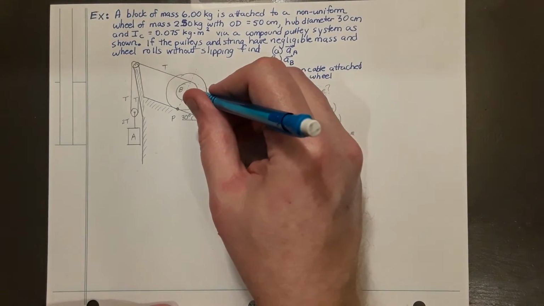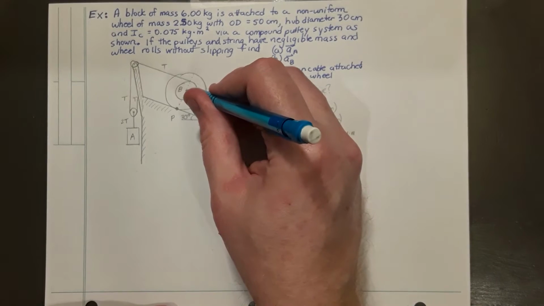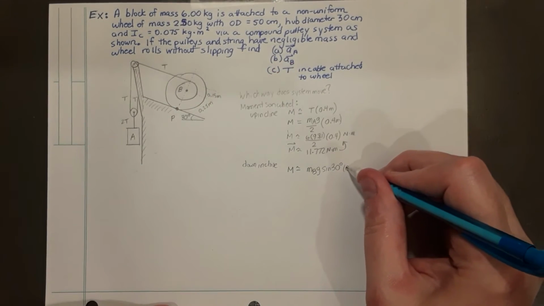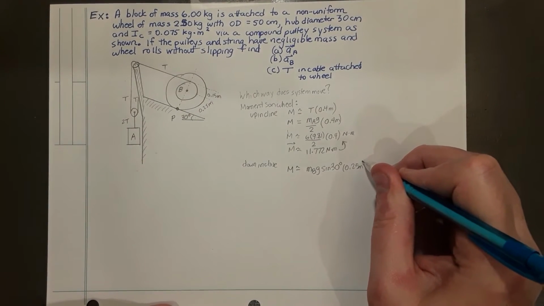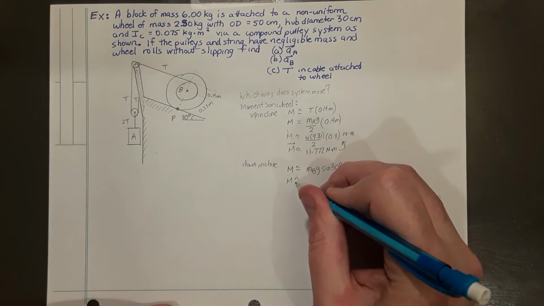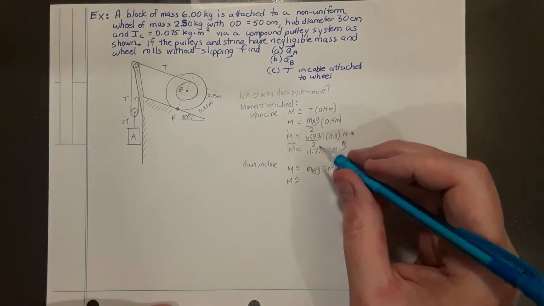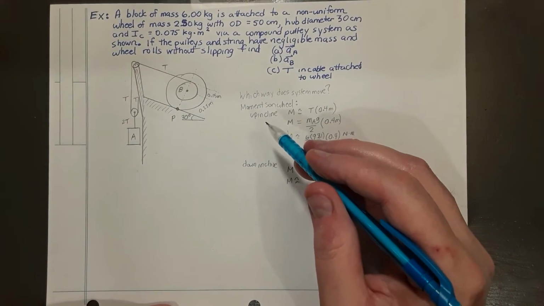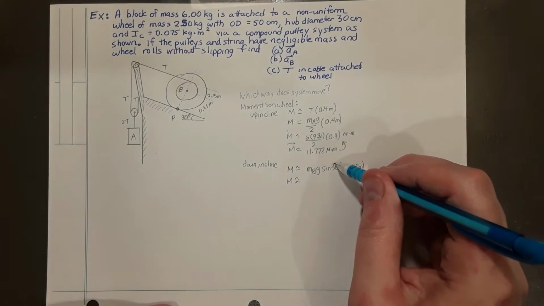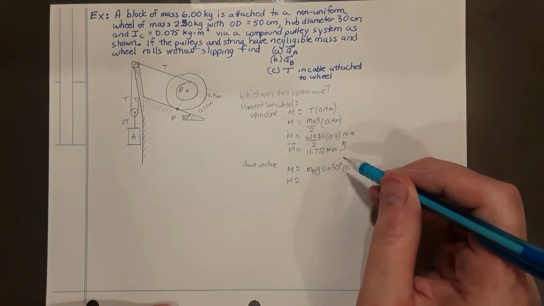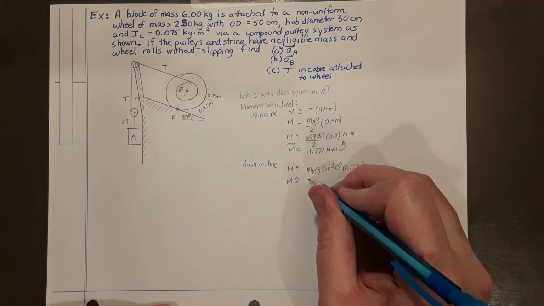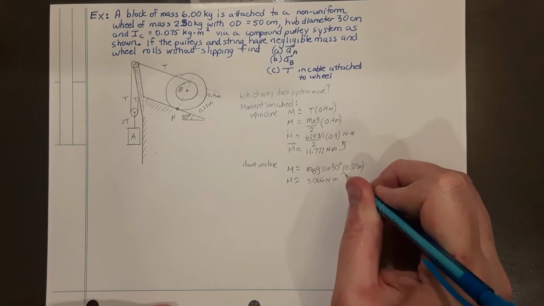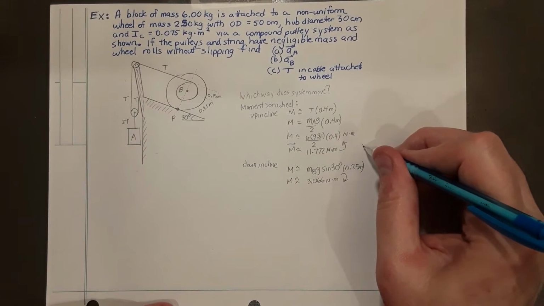If we multiply that by the distance from where that centroid force acts to point P, which is 0.25 meters, and plug those values in, mass being 2.5 kilograms times 9.81 times sine 30 degrees, which is a half, times 0.25, we get about 3.066 Newton meters clockwise.